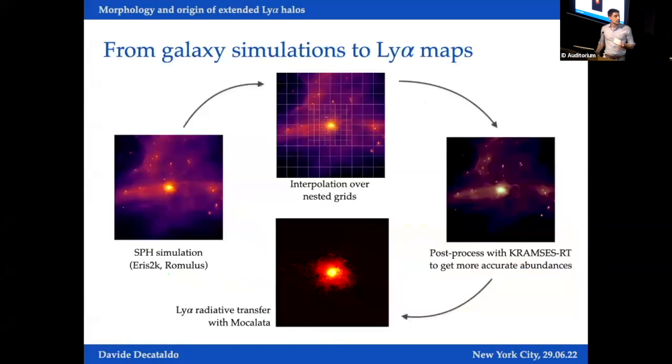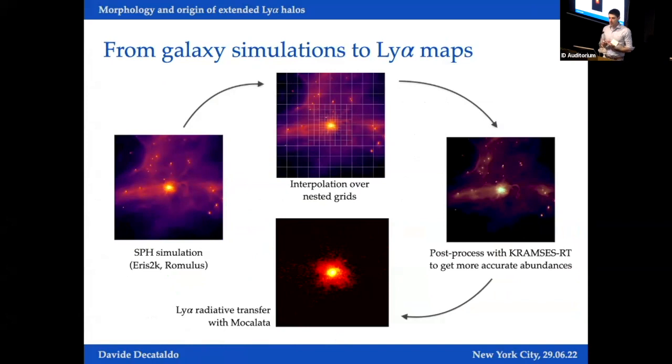So let's go into the details of my work, starting first with an overview of the machinery. I will go in the following slides into the details of each of these steps. So you can start with your favorite SPH simulation. In particular, I am analyzing ACE2K and Romulus. From these, we proceed interpolating over a grid, because our code for the radiative transfer of Lyman alpha works on a grid.